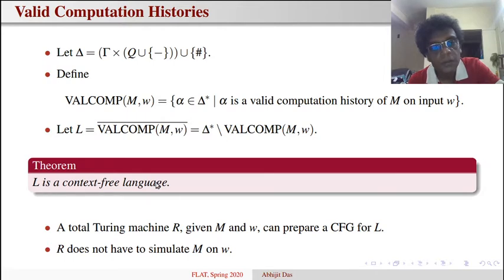That means it has a context-free grammar, and the reduction Turing machine R, given M and W, can prepare a context-free grammar for L. Definitely this context-free grammar depends upon M and W. Given M and W, this language is fixed, and I can do it by looking at the description of M and W. It does not have to simulate M on W.